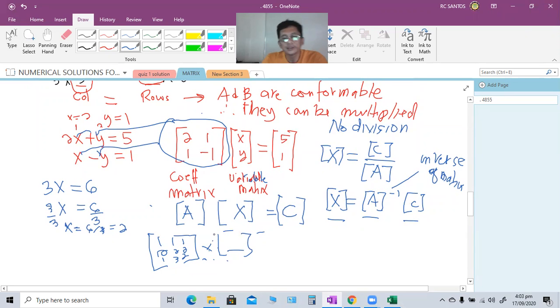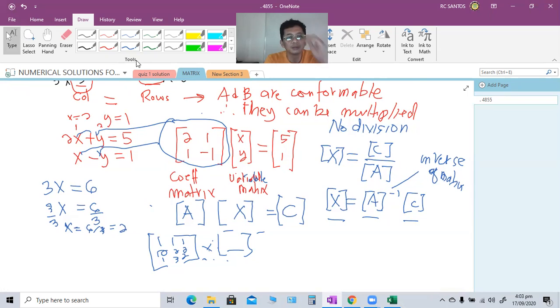So let us discuss first multiplication of matrices. Ito mahaba din ito. Hindi naman complicated. So there is a procedure. That's why when you use matrix, it should be programmed in a computer para maging practical siya.